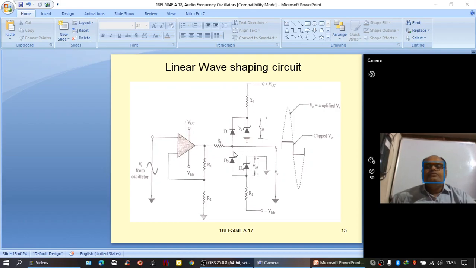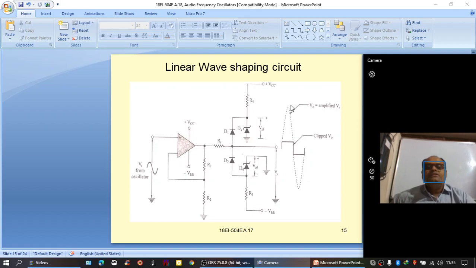But when the sinusoidal signal is decreasing gradually, that is in the second quarter of its positive half cycle. In the first quarter of the positive half cycle, this voltage, that is the non-inverting input, would always be greater than the inverting input. So naturally the output would be positive.